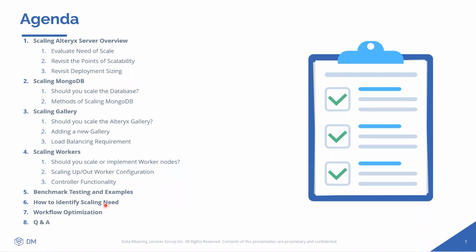Because of course, we always want to scale our workers to run more workflows at the same time or faster, but maybe we need to take a look inside of those workflows and see if everything is done the best way possible, right?